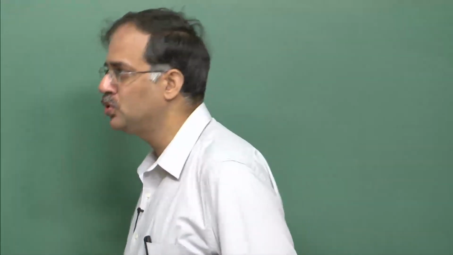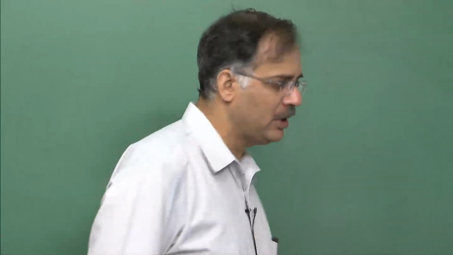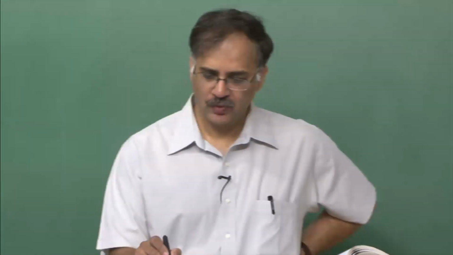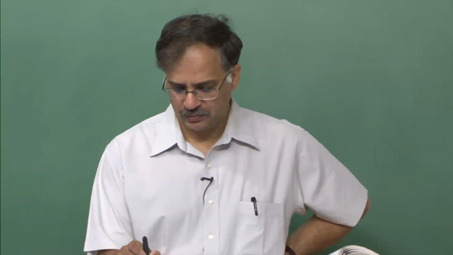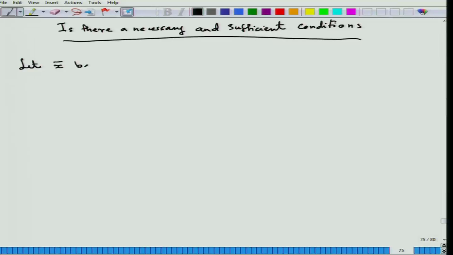Now, suppose I have been given this problem, I really do not know what to do about it. I am told that x bar is an optimal solution, or minimizer, whatever, because you are minimizing.